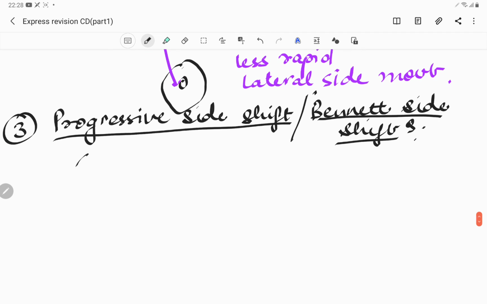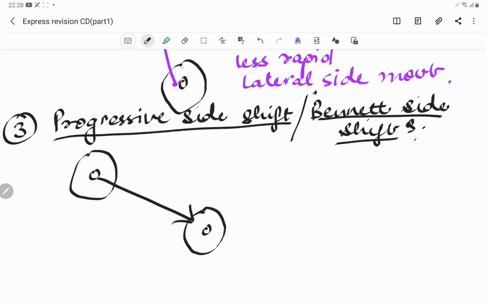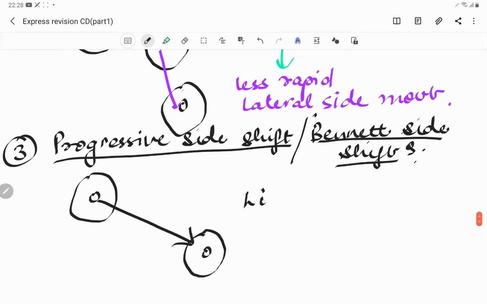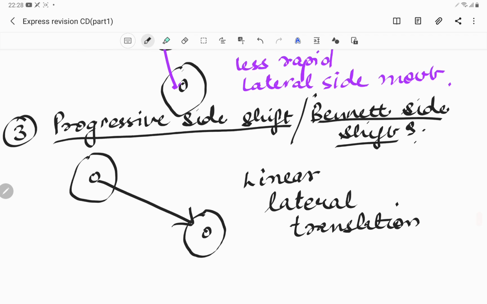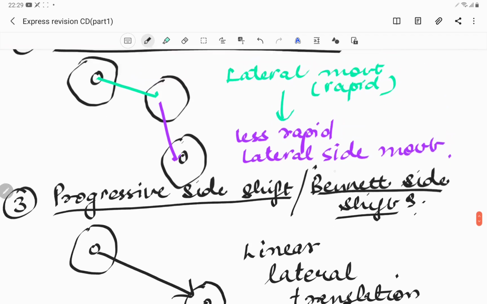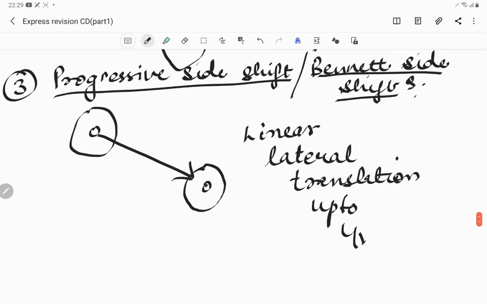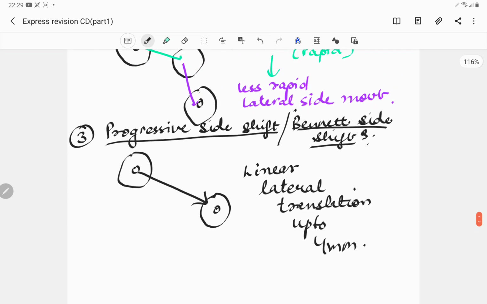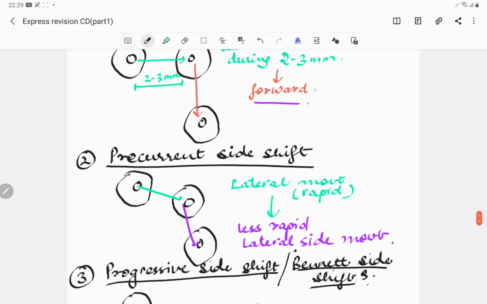So there is going to be only one movement, that is the linear lateral translation, up to 4 millimeters, right? So we have covered the immediate shift, the precurrent side shift and the progressive shift.